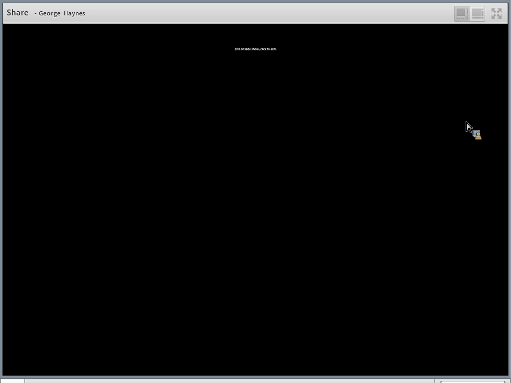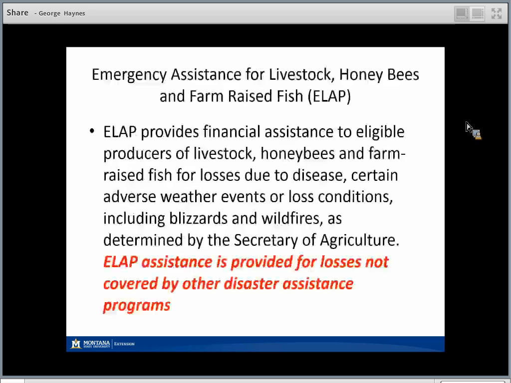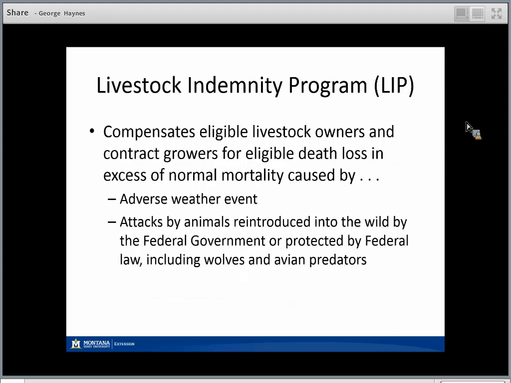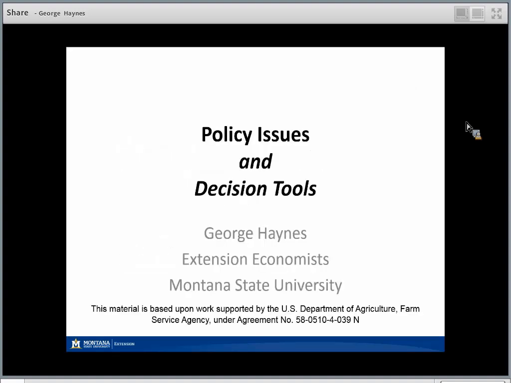So we have all of this structure around the fringes of what we do with farm programs, and I think policy takes on a very wide swath in the way that we want to think about it, because we have all of these programs here.